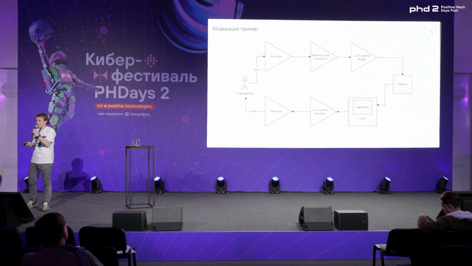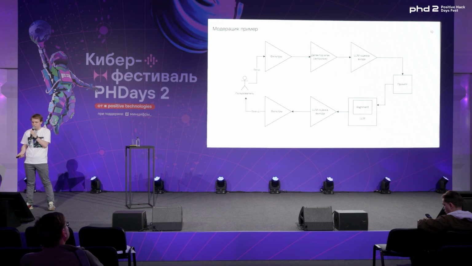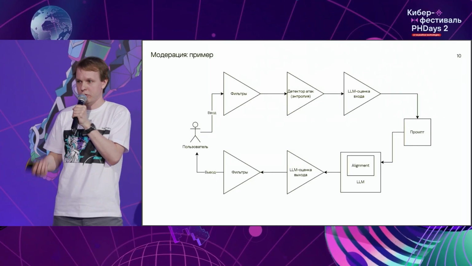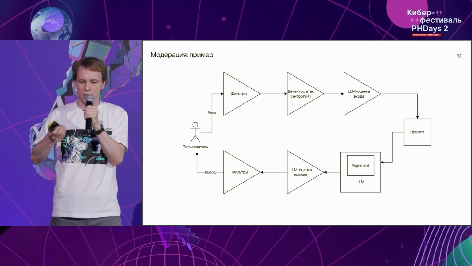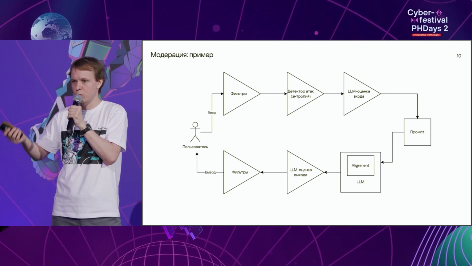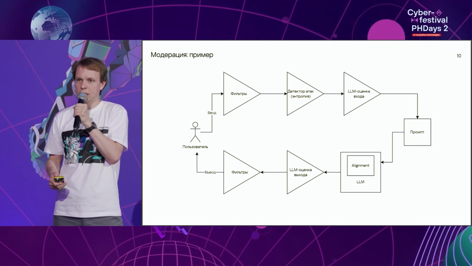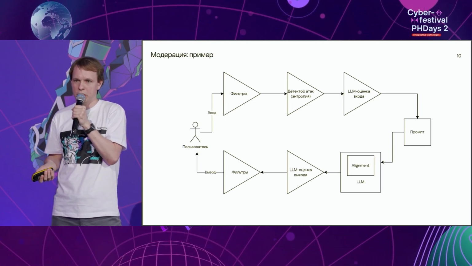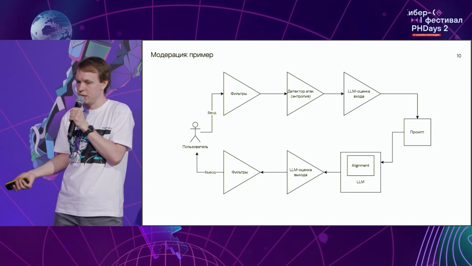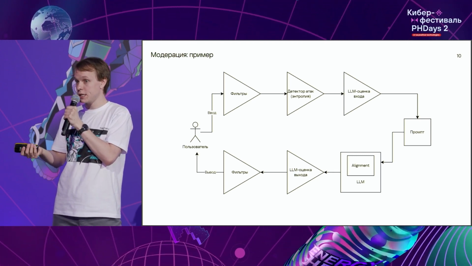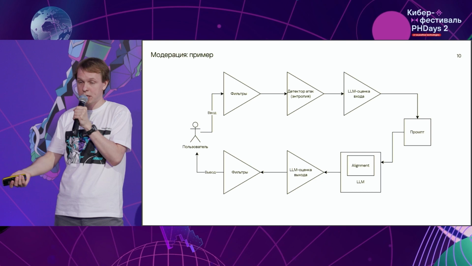Therefore, we have to introduce some external restrictions through moderation. The pipeline of moderation can be pretty complex. It may include some simple filters with regular expressions. For instance, if there is a name of drug, substances, we don't take this question, we don't reply to it. There is entropy-based detector for attacks.